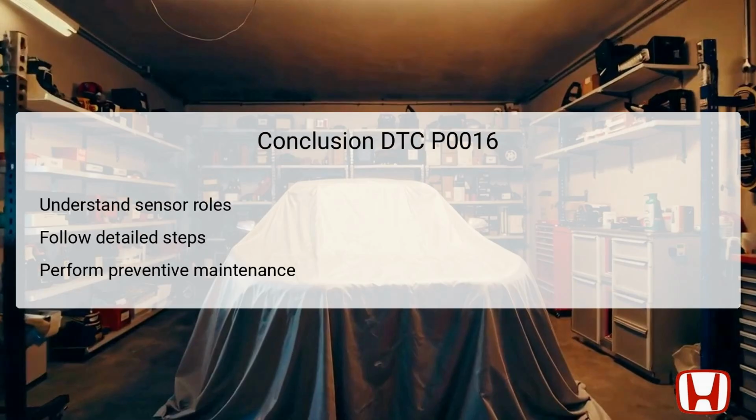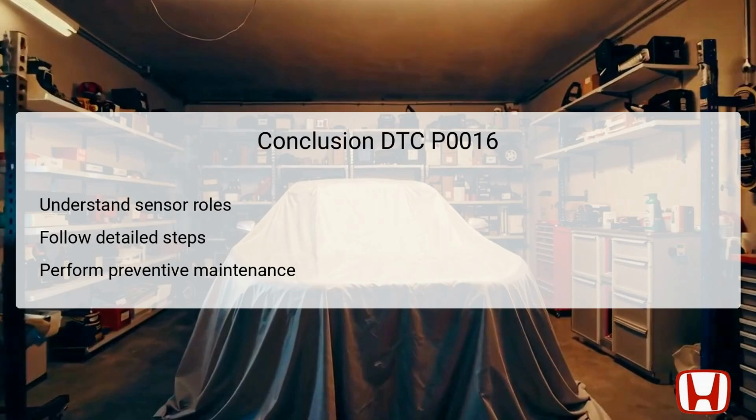In conclusion, resolving DTC P0016 requires understanding the roles of the CKP and CMP sensors and their significance within the engine's management system. Each troubleshooting step serves a distinct purpose in diagnosing the issue, from verifying connections to inspecting component integrity.